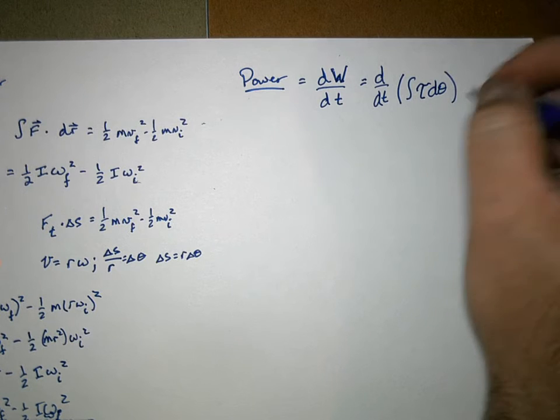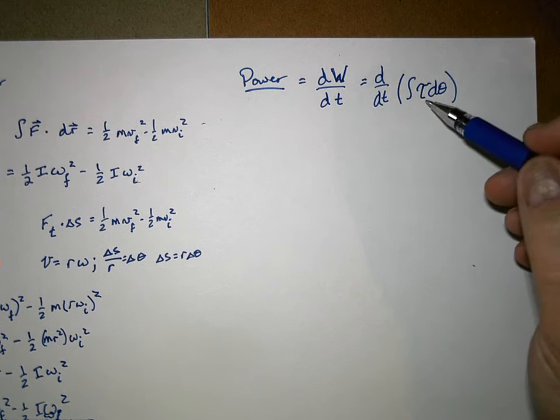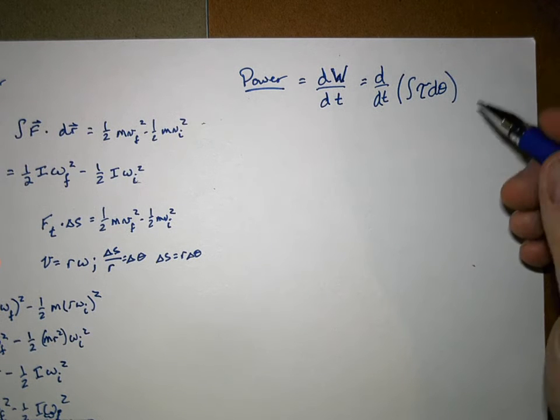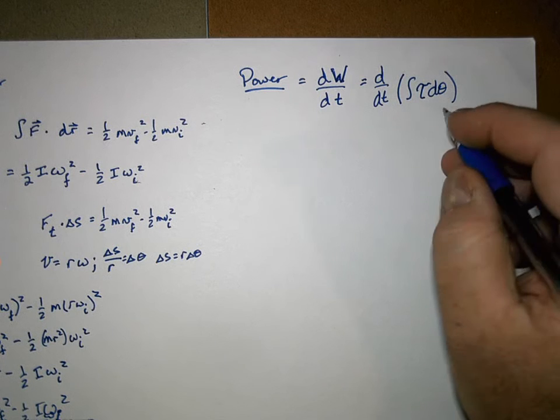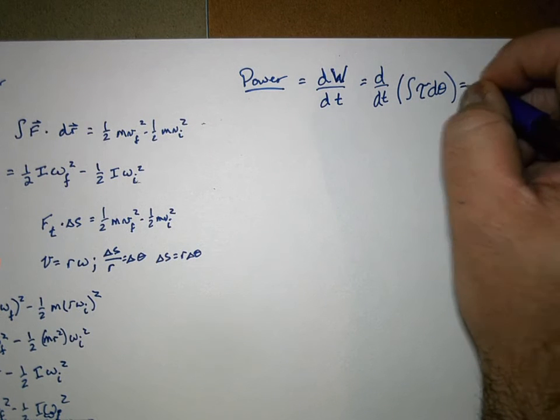Well, for most intents and purposes, our tau is going to be constant. So we're going to assume right now that our force isn't changing over time, although it could.